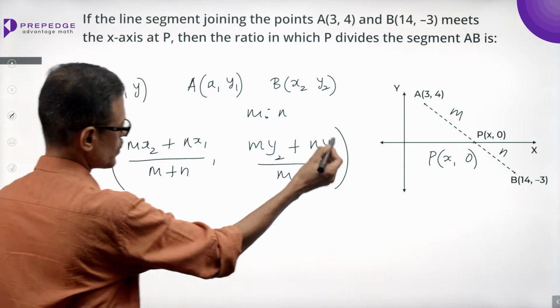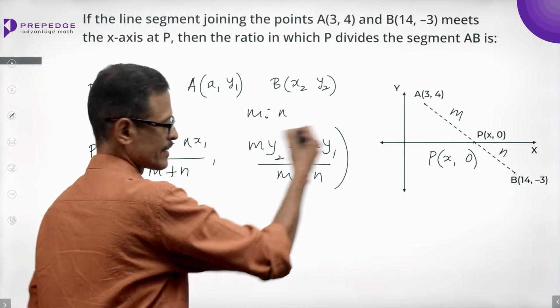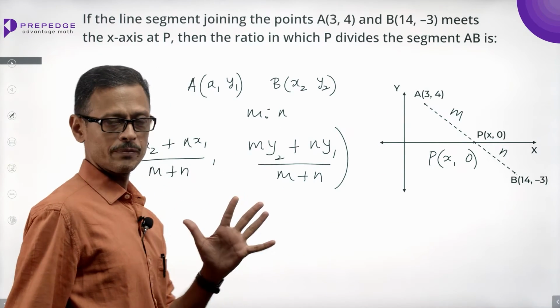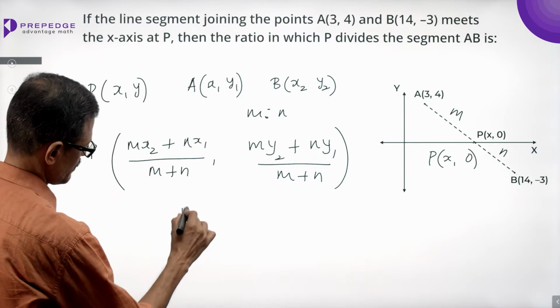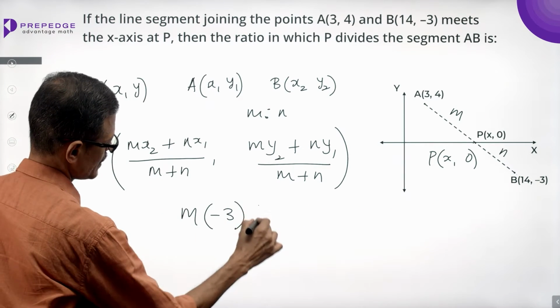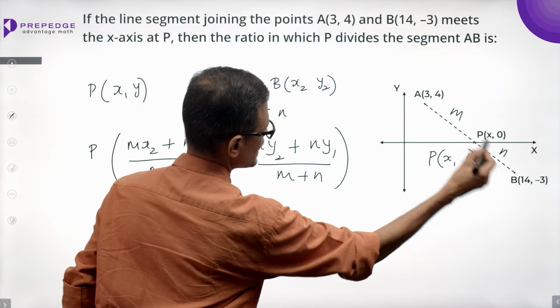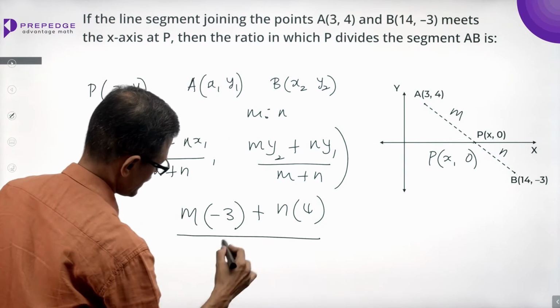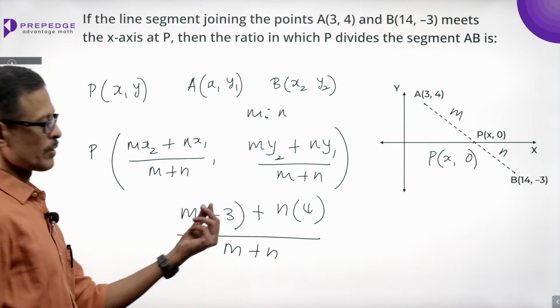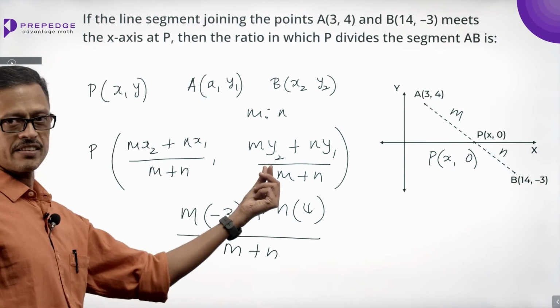So let's find the y coordinate applying the section formula and equate it to 0. m into y2, which is -3, so m into -3, plus n into y1, which is 4, n into 4, divided by m plus n.